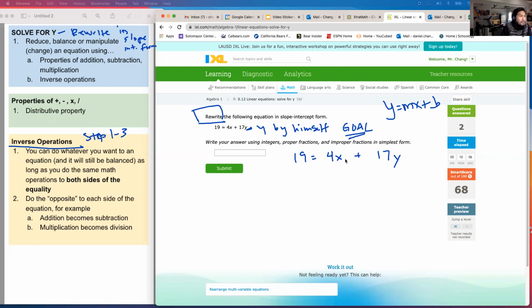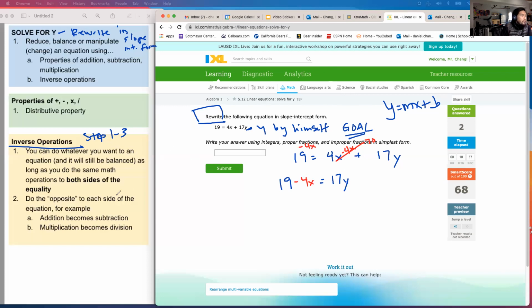So I'm going to subtract 4x from both sides. And 4x minus 4x is just 0. So now I've got y by himself. That's 17y equals 19. I'll use red to show where my inverse operation was, 4x.